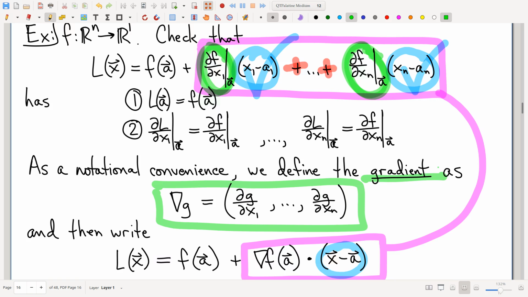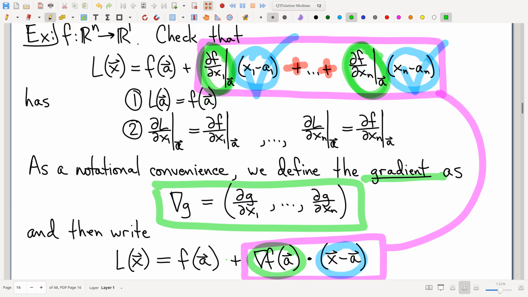That's all it is. This is just a notational choice. So making this definition of gradient, these factors here are literally just the gradient of f evaluated at a. So notational shorthand. Yes? And the gradient is a vector? It's a vector. That's right. It's a vector with these coordinates.